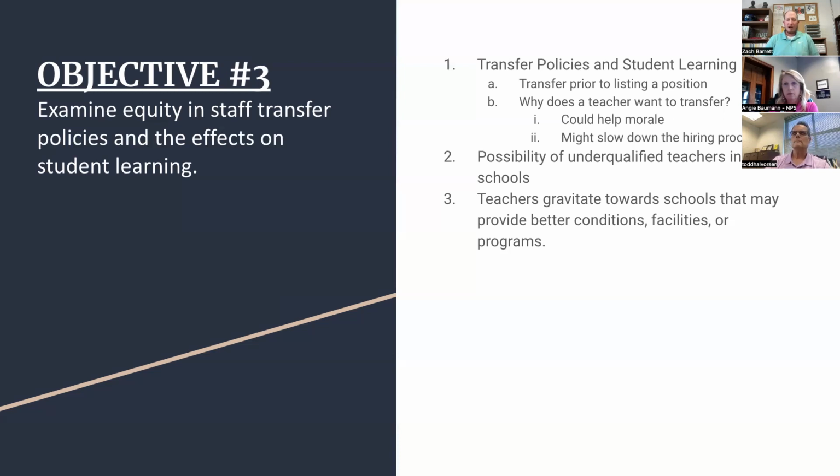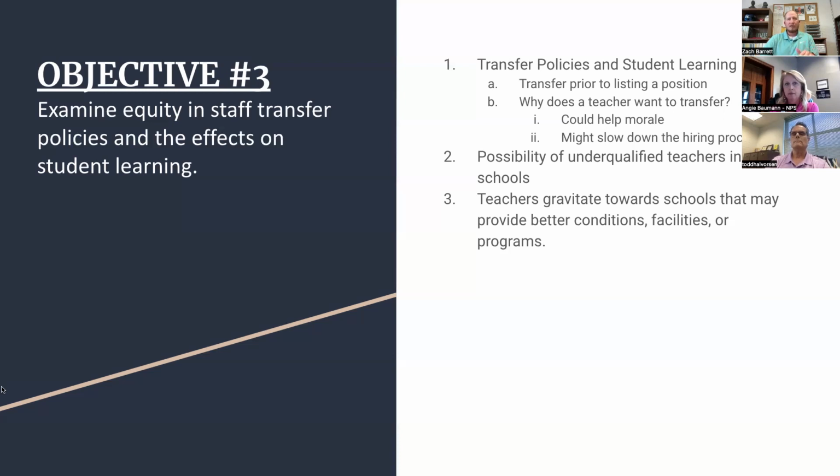And then it might slow down the hiring process, going through all of the people that are trying to transfer, as well as the people who want to apply out of district. You run into the possibility of underqualified teachers in some schools. So again, the next bullet point there, teachers gravitate towards the school that has better conditions, facilities, programs.